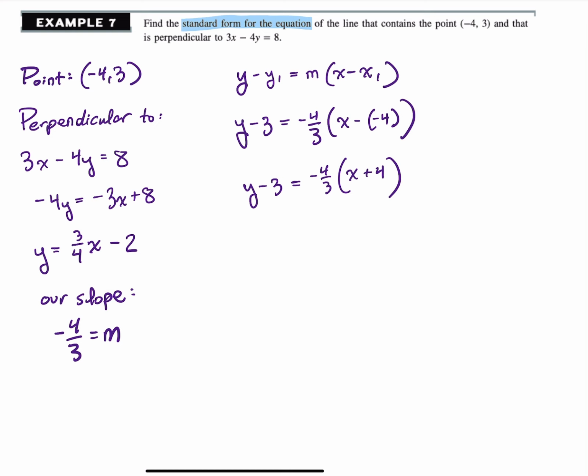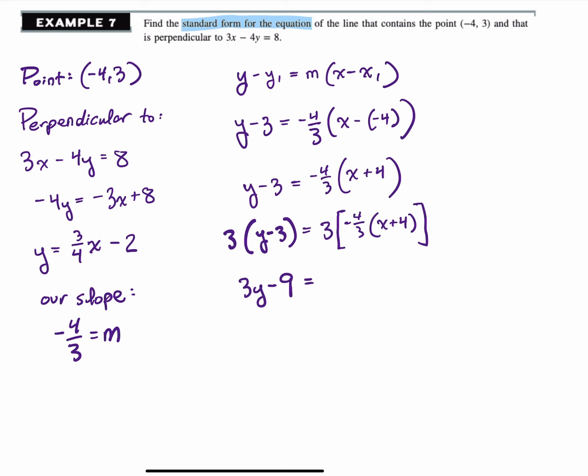So let's multiply both sides by 3. Imagine multiplying the left side, and then we'll also multiply the right side by positive 3. So on the left side, let's distribute that through. That'll become 3y minus 9.